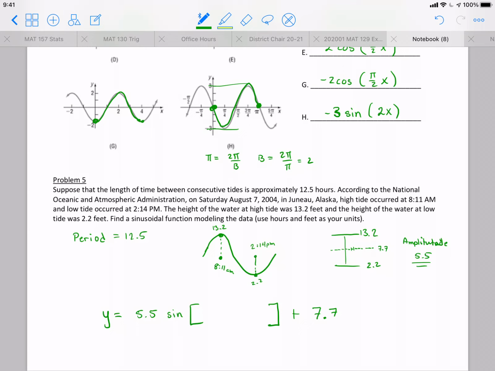All right, so now what? Period is 12.5. So 12.5 equals 2 pi over b. So b is equal to what? 2 pi over 12.5. And just because that's not the prettiest thing in the world, I'm just going to turn that into a decimal, if that's okay.